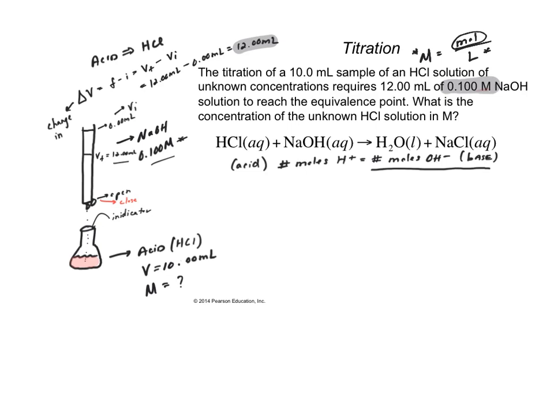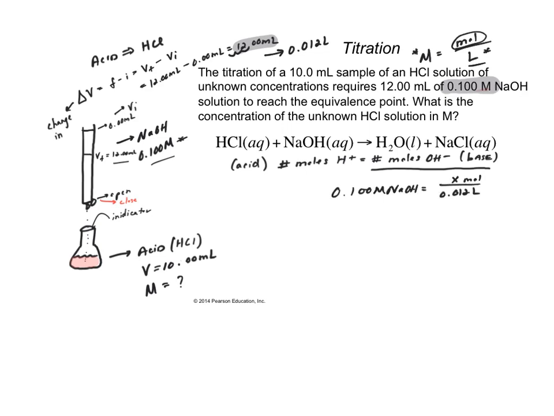How many moles of sodium hydroxide have I released? I'll take that 0.100 molar NaOH, which is equal to the unknown moles divided by the volume. But that volume has to be in liters, and right now the change in volume is in milliliters. So I'm going to move the decimal place 3 places to the left, and this converts to 0.012 liters, and I can plug that in.